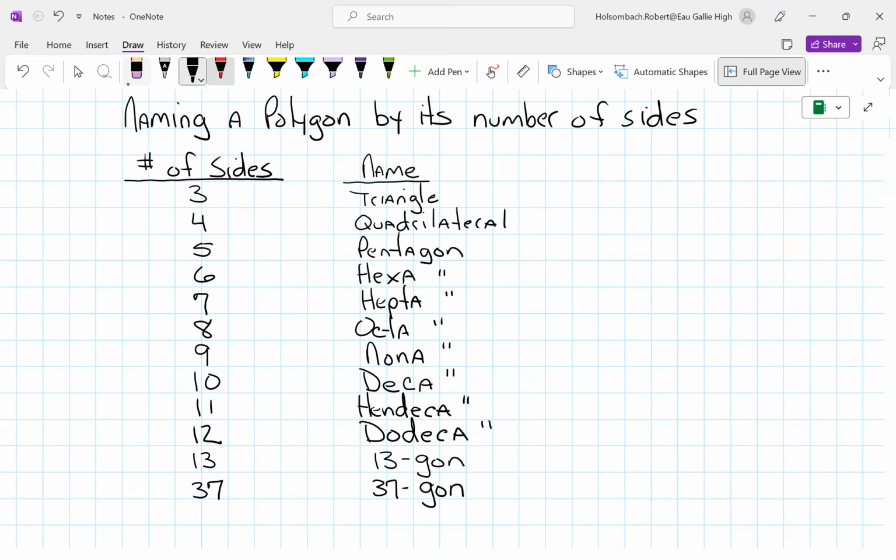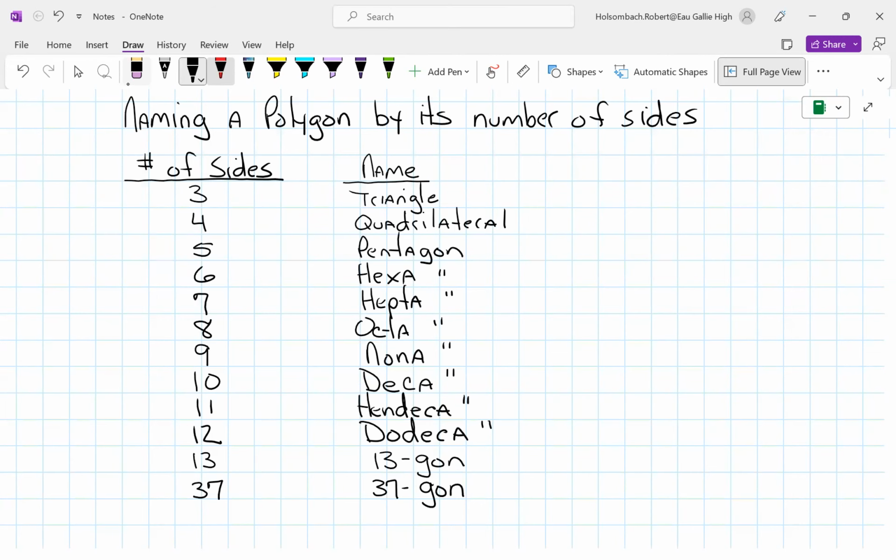But you do need to know these first 12 because the book and the quiz will refer to a shape as a decagon. All right. You may be asked to find the sum of the angles of a decagon. Well, you're going to need to know that the decagon has 10 sides.